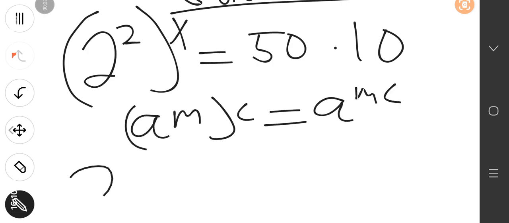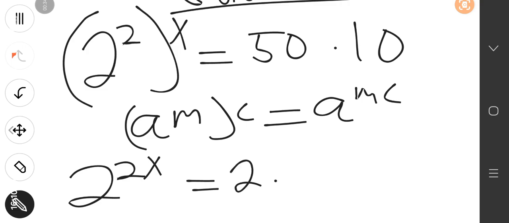So this gives us 2 exponent 2x equals, now 50 is the same as 2 times 25, and 10 is the same as 2 times 5.